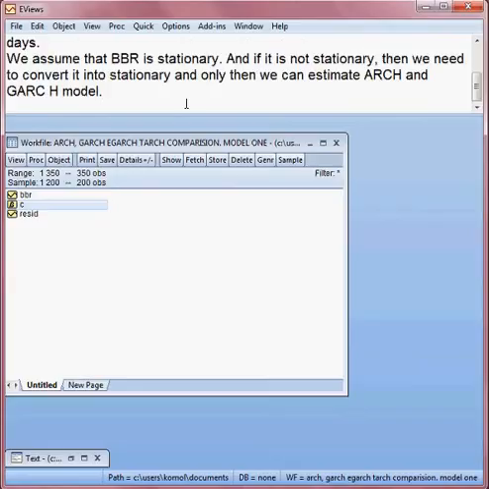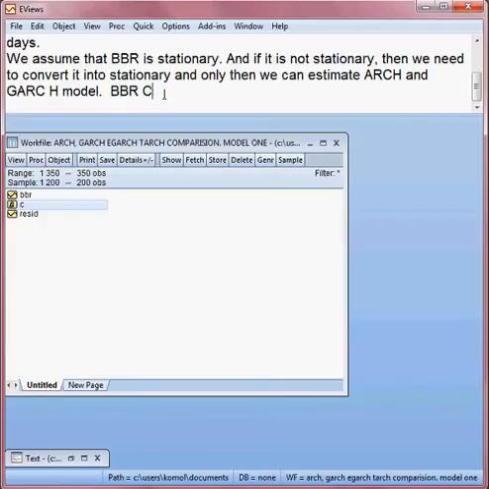Okay, and what is our model? The first is the dependent variable, then I take the constant. So that is our model.